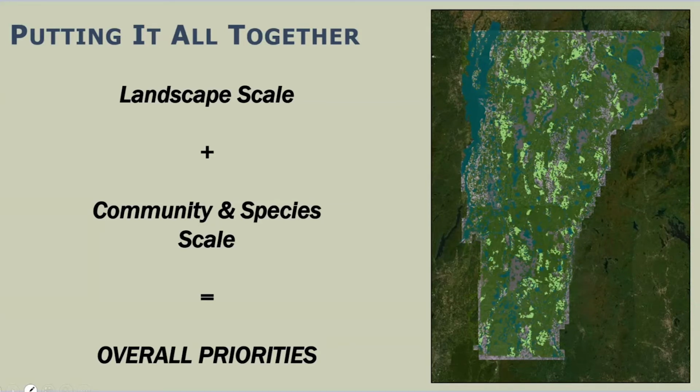So if you're not feeling like you want to dive into the individual layers within the landscape scale or the communities and species scale, you can just start with this overall priorities map and know that what's color coded here is capturing everything that's happening at these three different scales. This is the unified single map that you can go to if you're pressed for time.